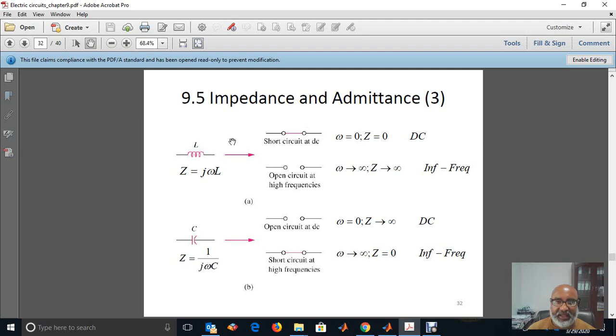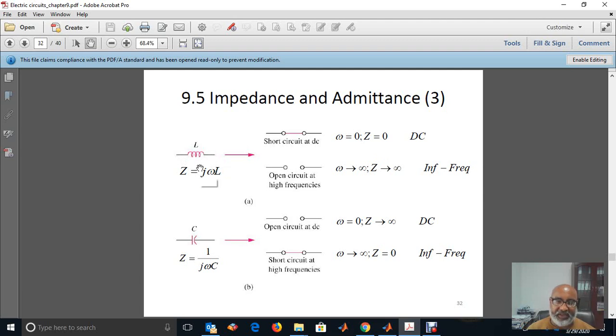Now let's see what happens to the inductor and the capacitor for DC and for high frequency. For DC, as you know, Z is j omega L for the inductor. DC means frequency is 0, omega is 0, so Z is equal to 0. So the impedance is 0, which means it is a short circuit.